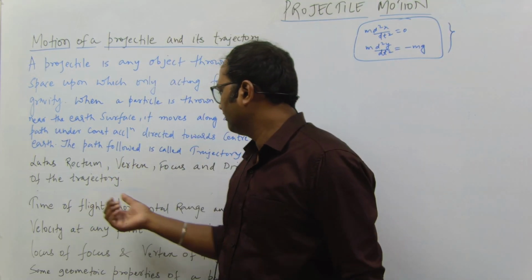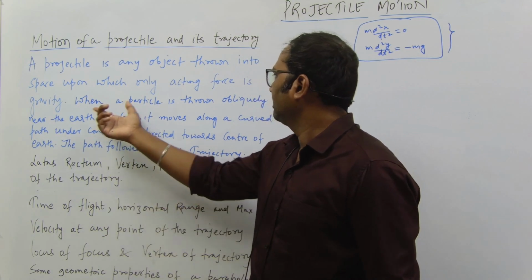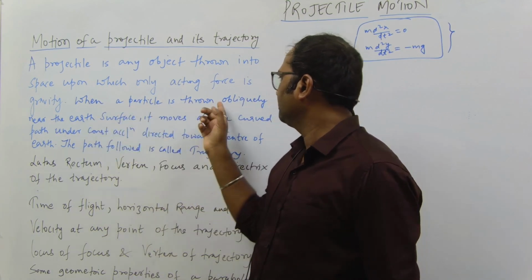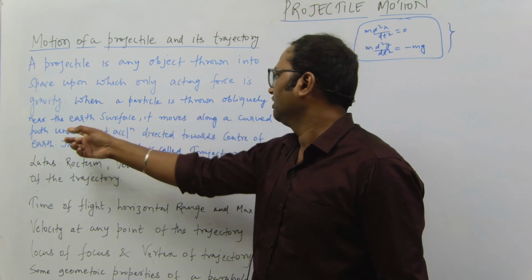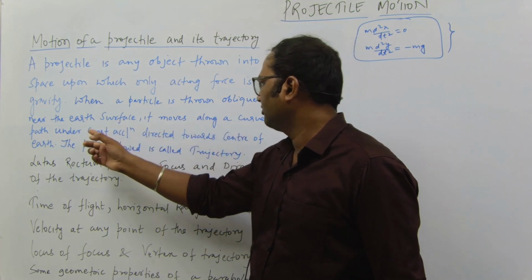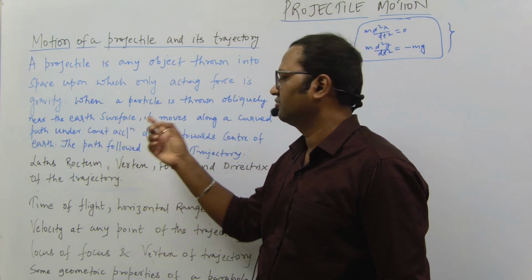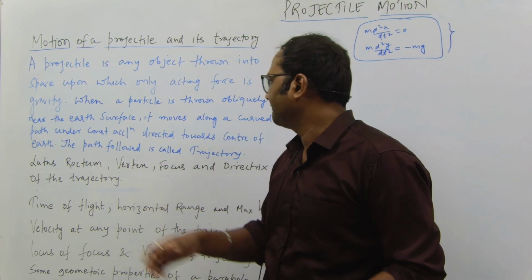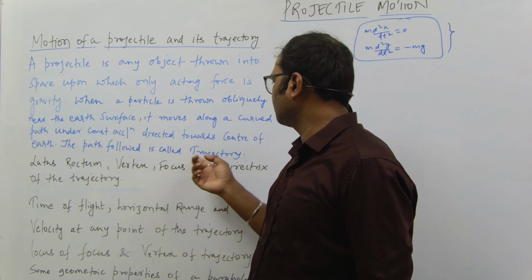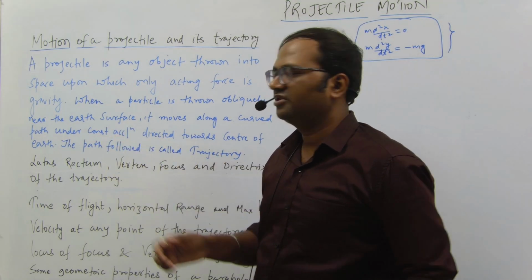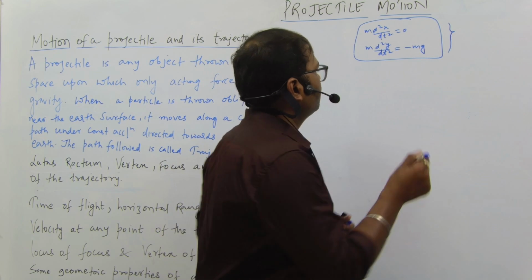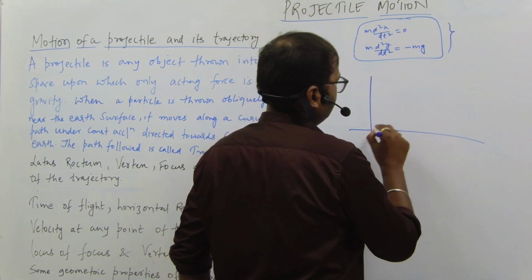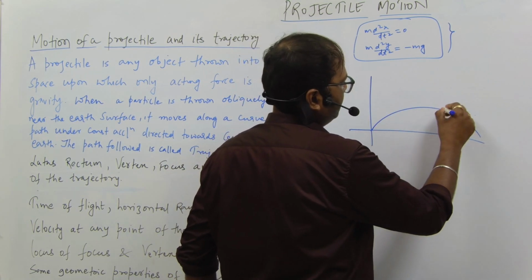When a particle is thrown obliquely, that is at an angle, near the earth's surface, it moves along a curved path under constant acceleration. The acceleration is due to gravity, and it is constant. The path followed is called the trajectory.